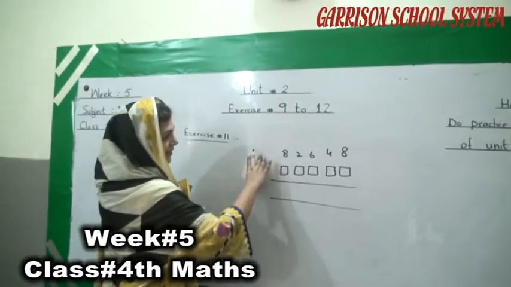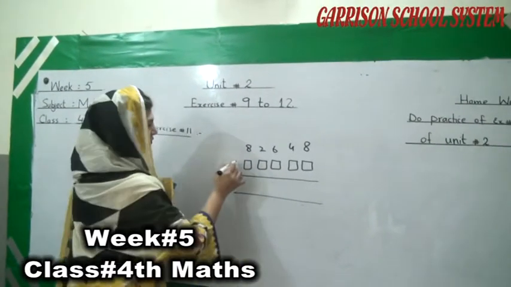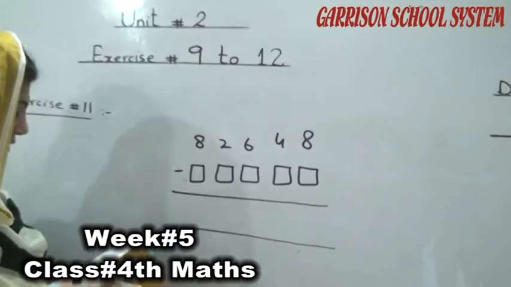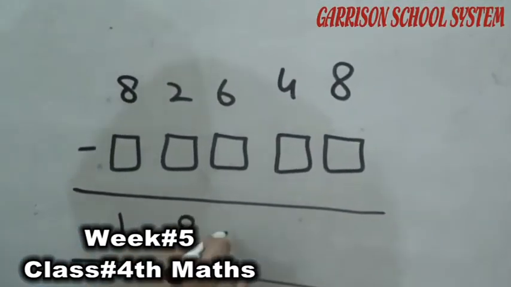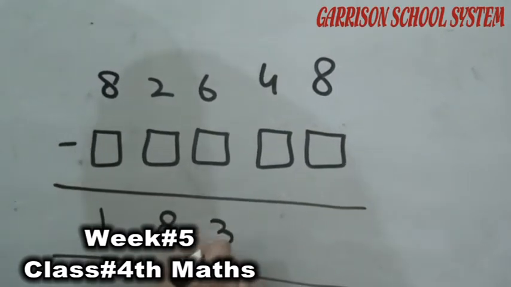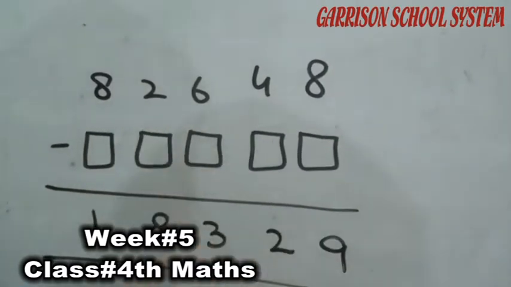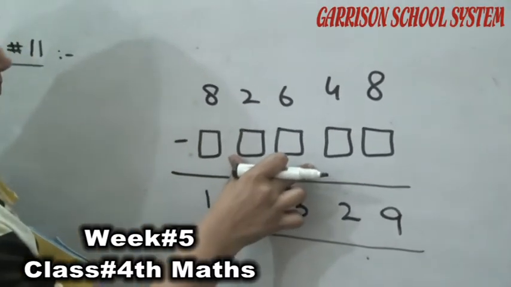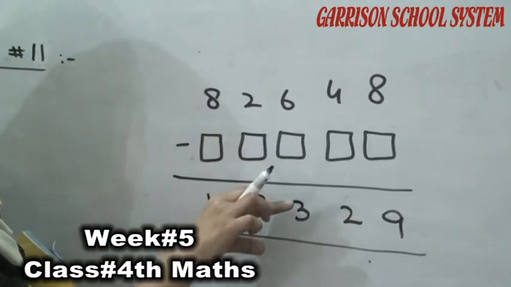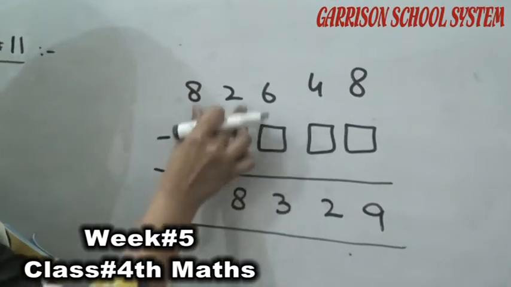In this case, if I have two numbers and I want to find the third number, which number will be subtracted from this number?